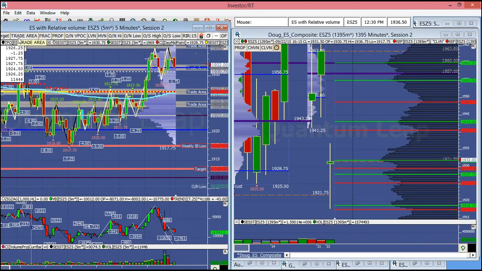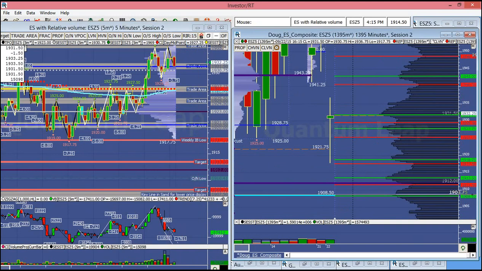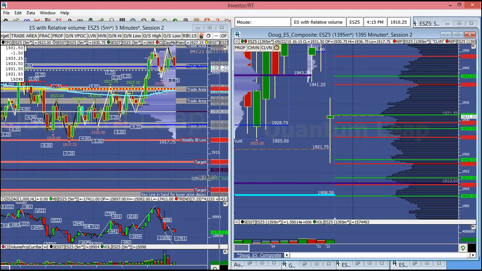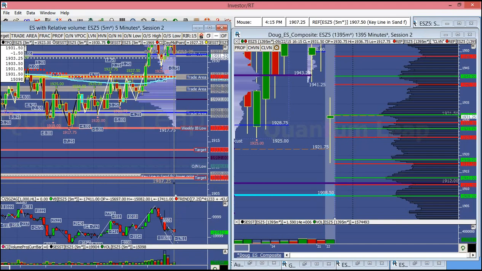And then below that we have the microcomposite value area low, and then below that is the weekly IB low and the range low, and there, you've got the CLVN at 1750 below this weekly IB. Then I'm looking for a move down to 1350, take out of the 12, test the overnight low, and come down here and test the key line in the sand, which is now at 850.